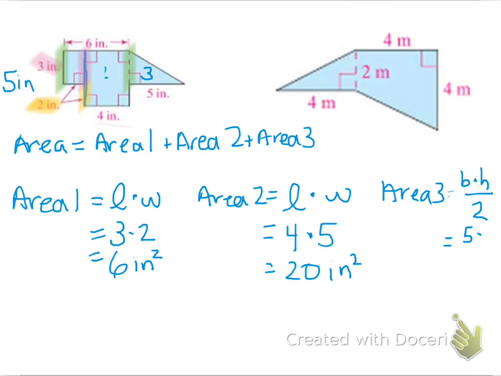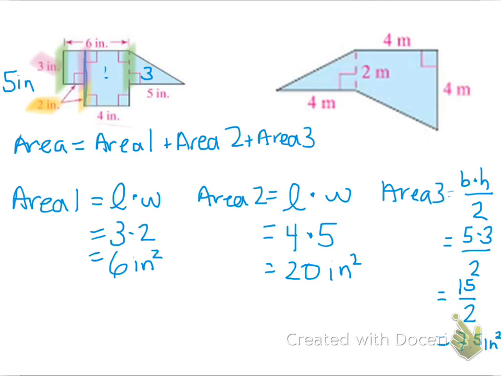So I'm going to write 5 times 3 divided by 2. 5 times 3 is 15, divided by 2. If you can't do it in your head, do it on the side. But I know that's 7 and 5/10. And I need my units, so 7 and 5/10 inches squared. Now we're done with step 2.5. Now we need to combine these back into our original formula.